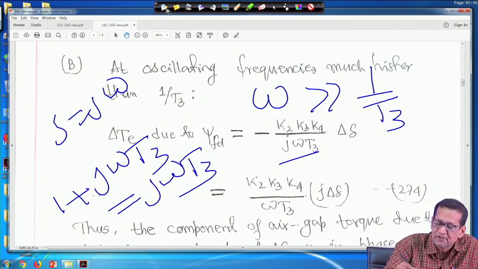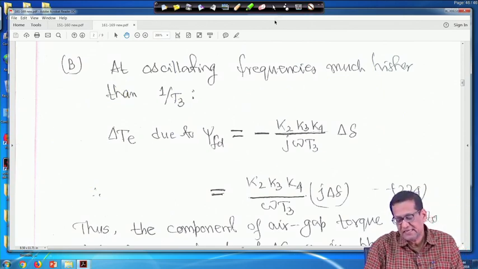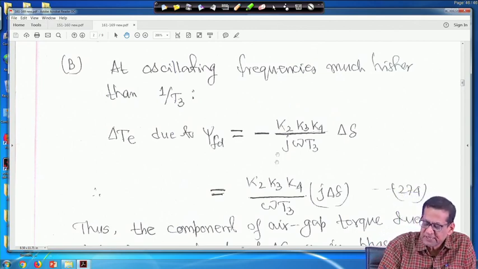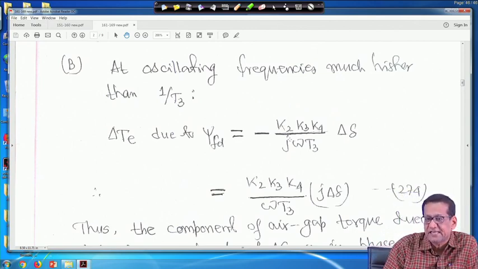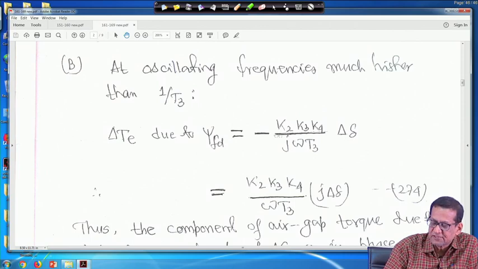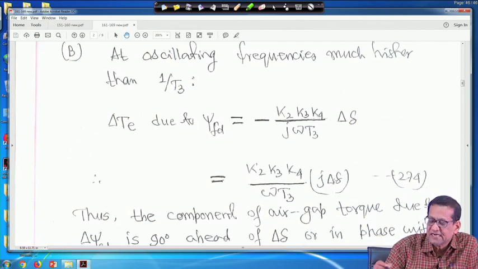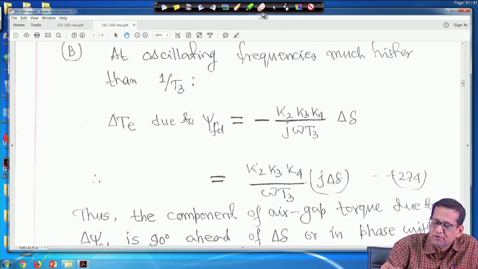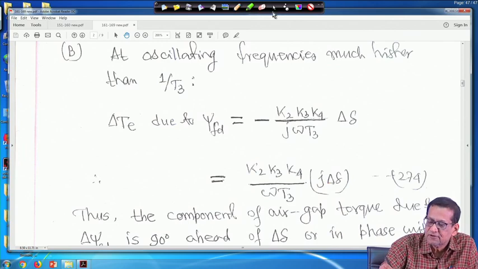That can be written by multiplying numerator and denominator by j, so it becomes j squared, giving minus plus. So, basically you are writing K2 K3 K4 upon ωT3 times jΔδ.